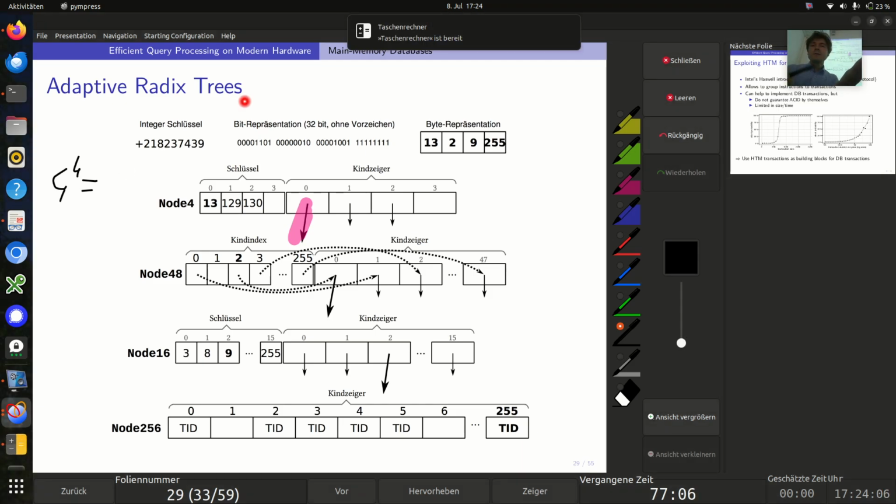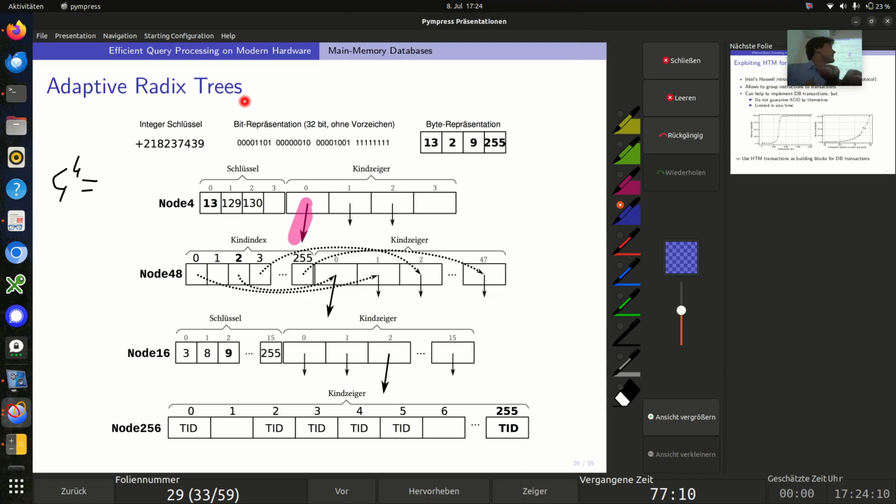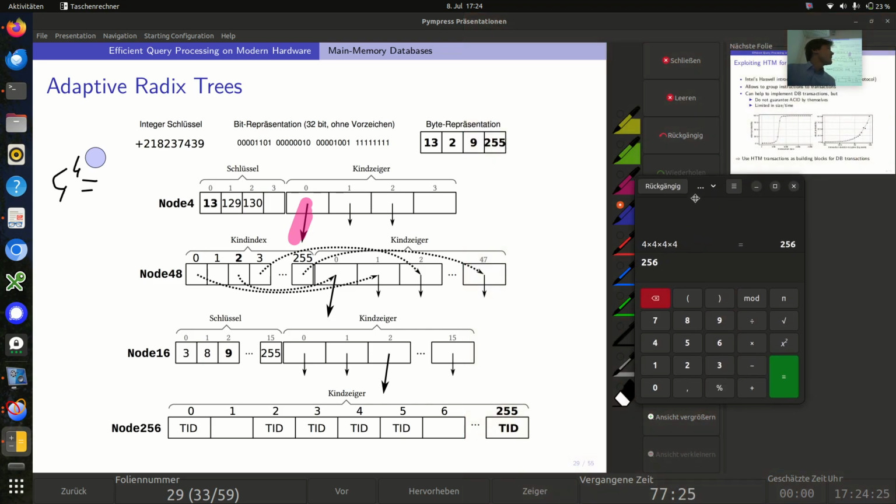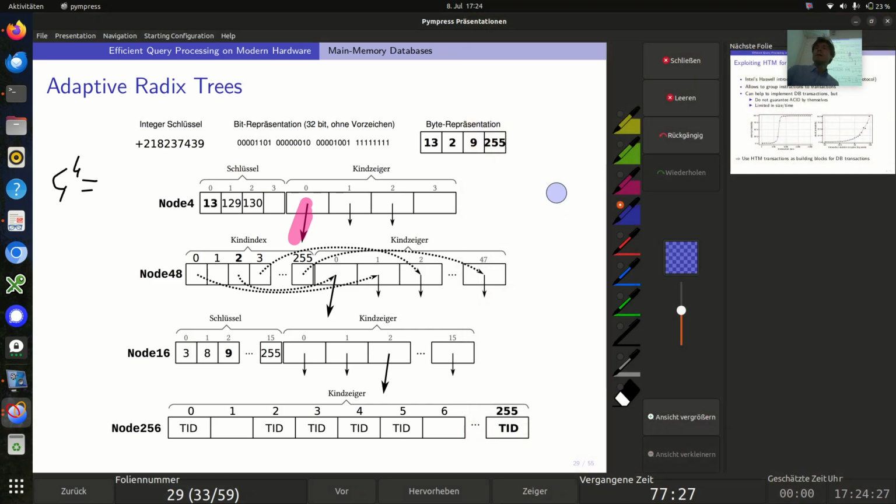So let's do it: 4 times 4 times 4 times 4. So you can have up to 256 elements with only having node 4 nodes. So it's possible. It depends on the range of each key on each node.